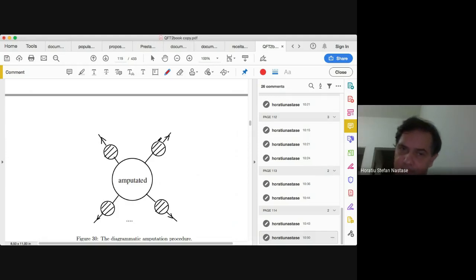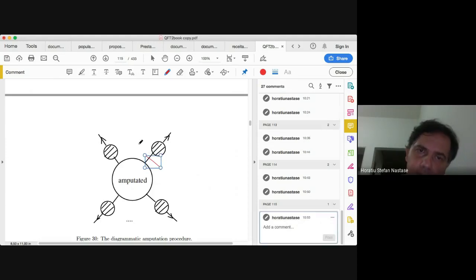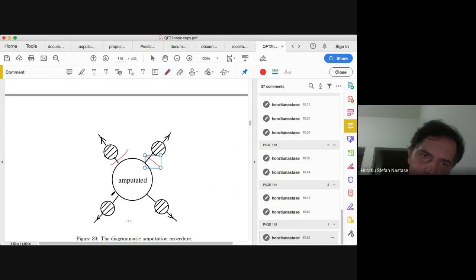Right? So we have some connected Feynman diagram, and we go from the outside part of any external line. We go in until the largest point where we have a single propagator, and we cut there. Right? So we cut this, and we cut this. Oops. We cut this.